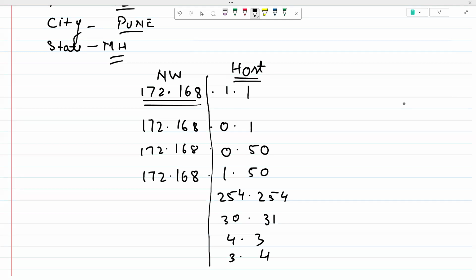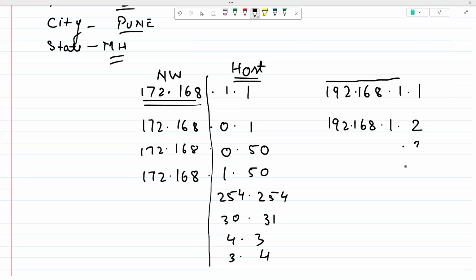Similarly, for a class C IP address, the first three octets remain the same. So 192.168.1.1, right? These three octets will remain the same for class C. So 192.168.1.2, 3, 4, 5, 6, anything, right? The first three octets will remain the same.